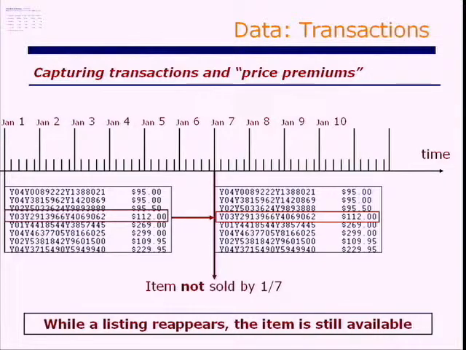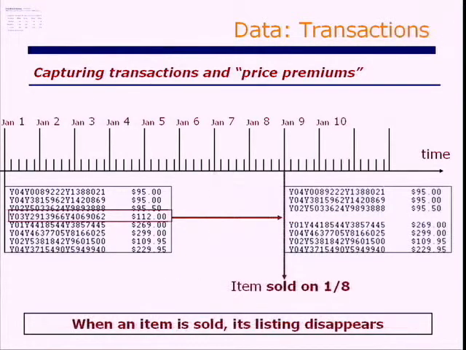If you take this example, we've got a feed on a particular day, then we get the feed on the next day, or these are at 8-hour intervals. If the listing still exists, then we know that the item is still available. If, on the other hand, the listing has disappeared, we conclude that the item has been sold.